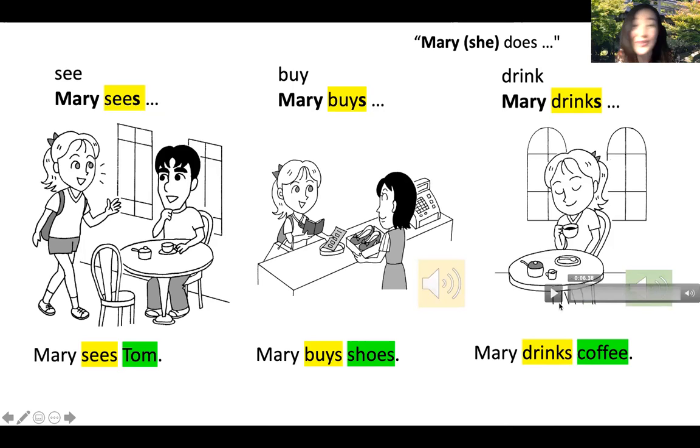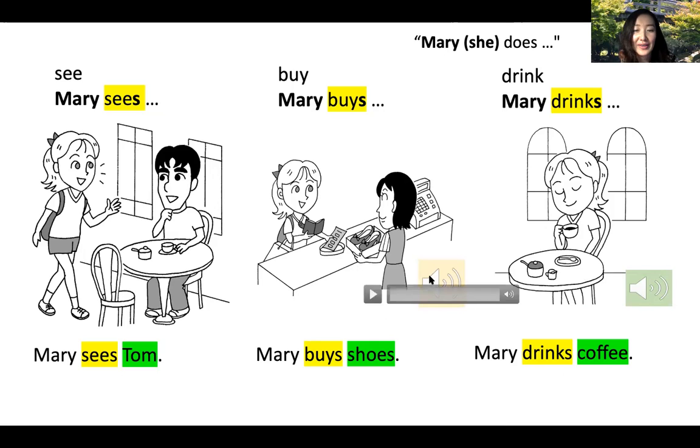Okay, so let's do a slower one first. You can do that with me. 1, 2, let's go. Mary buys shoes. Mary drinks coffee. Yeah, you can do this like singing.